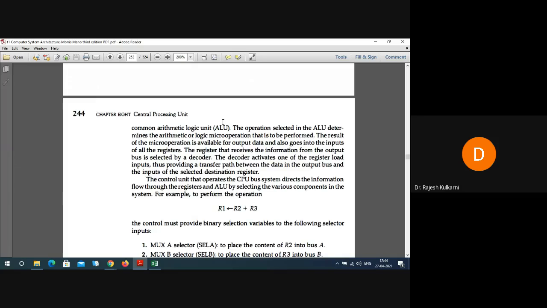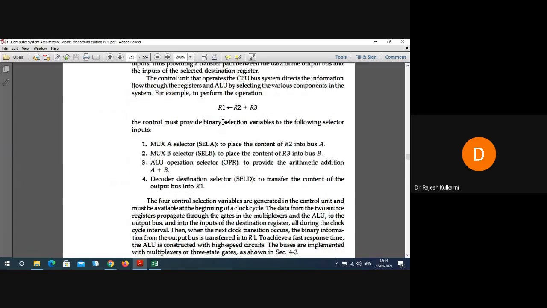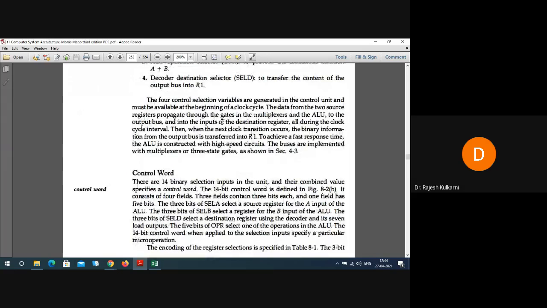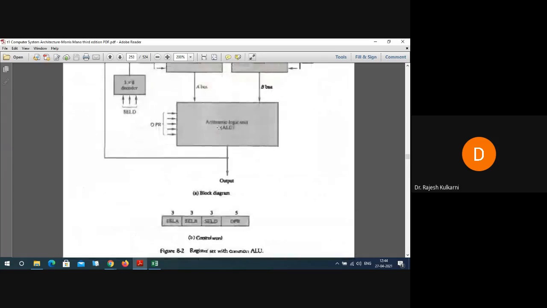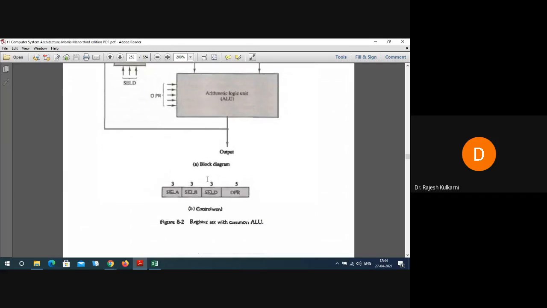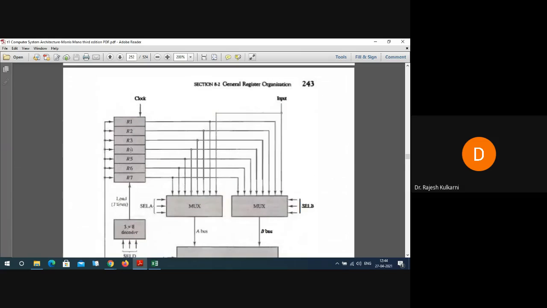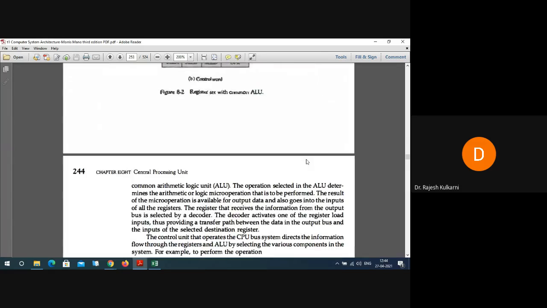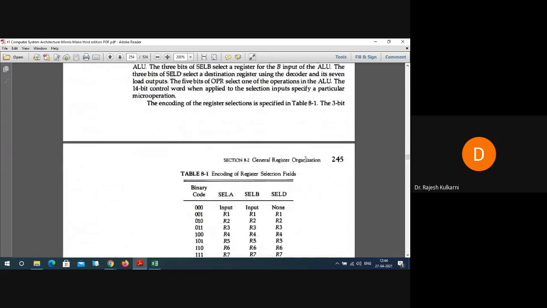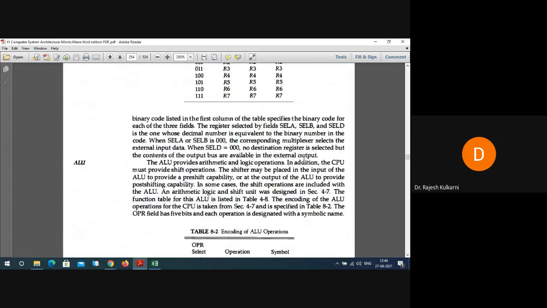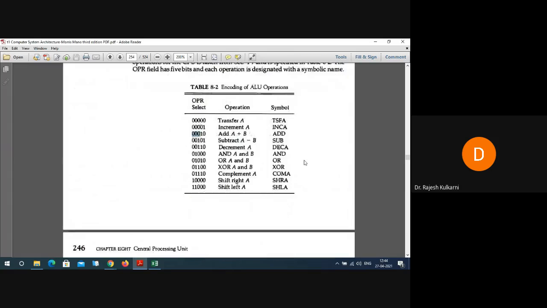Hopefully it is making sense, because we are not going through all the theory. We are taking the block diagrams and the tables and trying to understand the various control word statuses and how the operations will be performed. Okay.